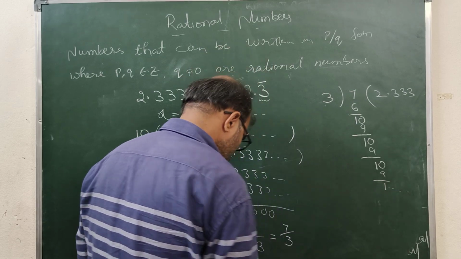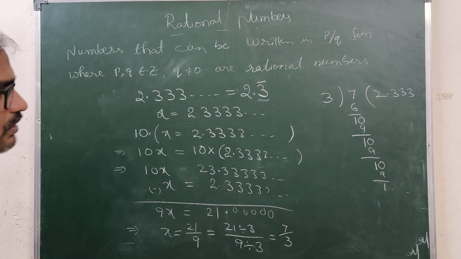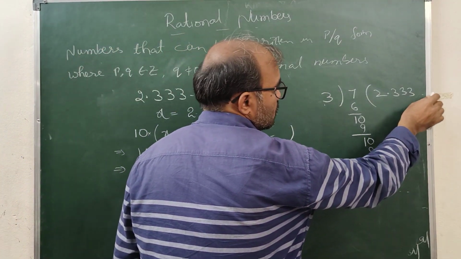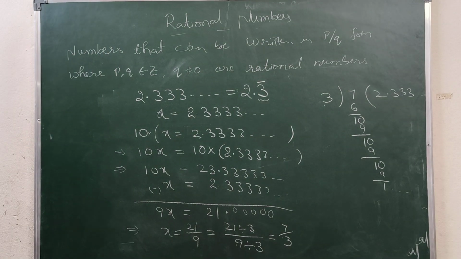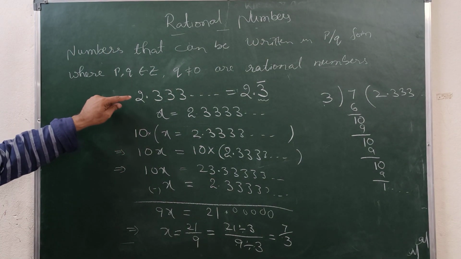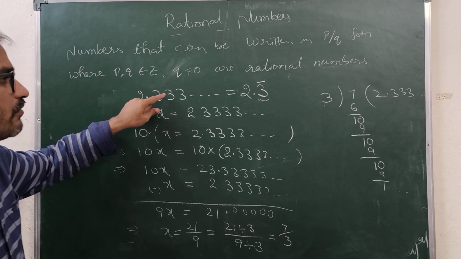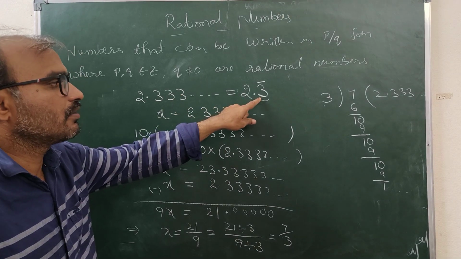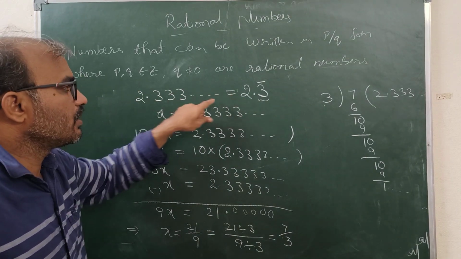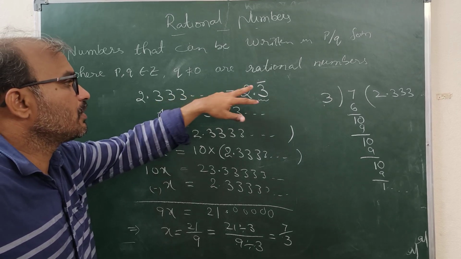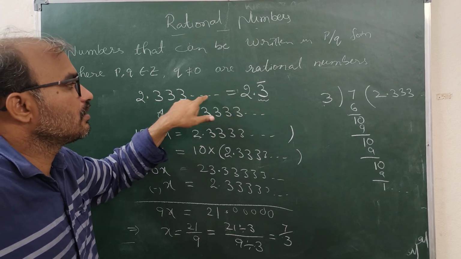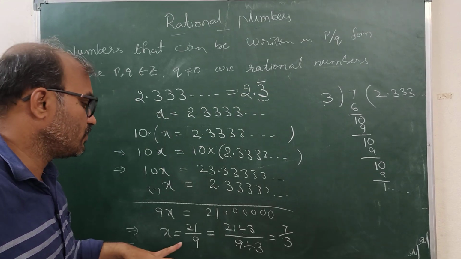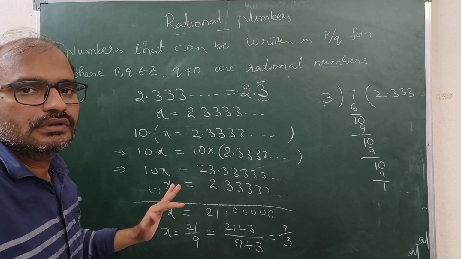So it will continue, going on like that. Thus 7 by 3 is 2.3333... So all decimal numbers which have a repeating part are non-terminating repeating decimal numbers. Non-terminating repeating decimal numbers can be converted into p by q form. Therefore these are also rational numbers.